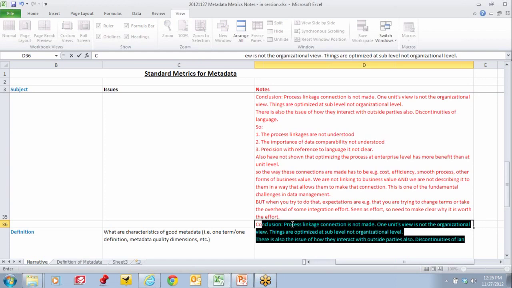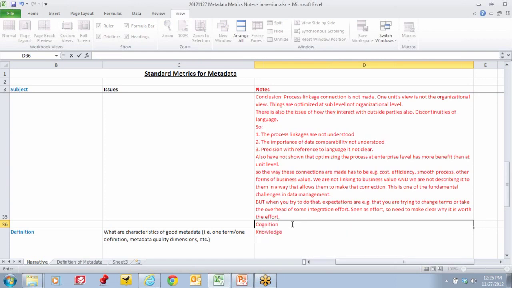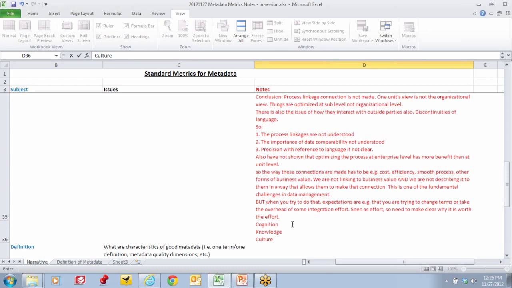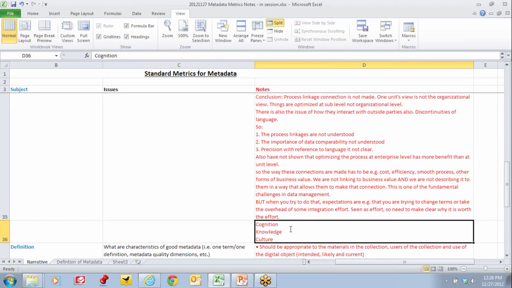Well, I think the challenge is when you try to do that, you either end up with an expectation that you're going to convert the terminology and language of components within your organization, which isn't very viable for lots of reasons, cultural, financial, etc. Or you end up needing to take the overhead of a relatively complex mapping and integration capability, which has got to still be less expensive than the perceived benefit of getting to the endpoint.